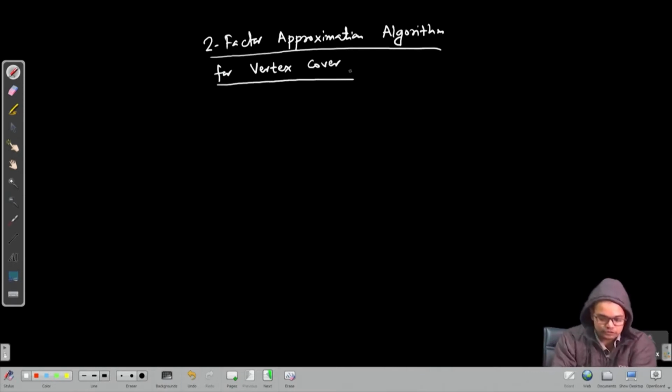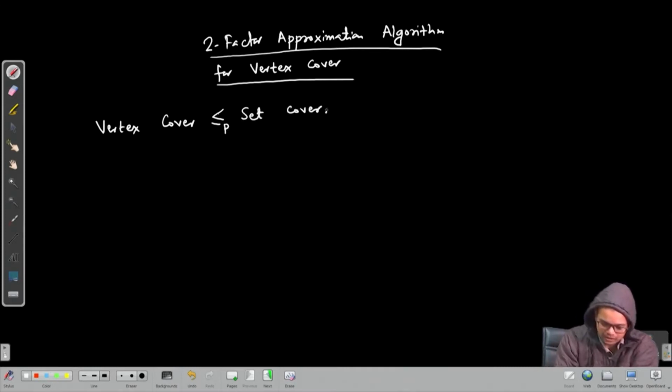For that, we reduced from vertex cover to set cover, and that's a polynomial time approximation preserving reduction. So what is the reduction?